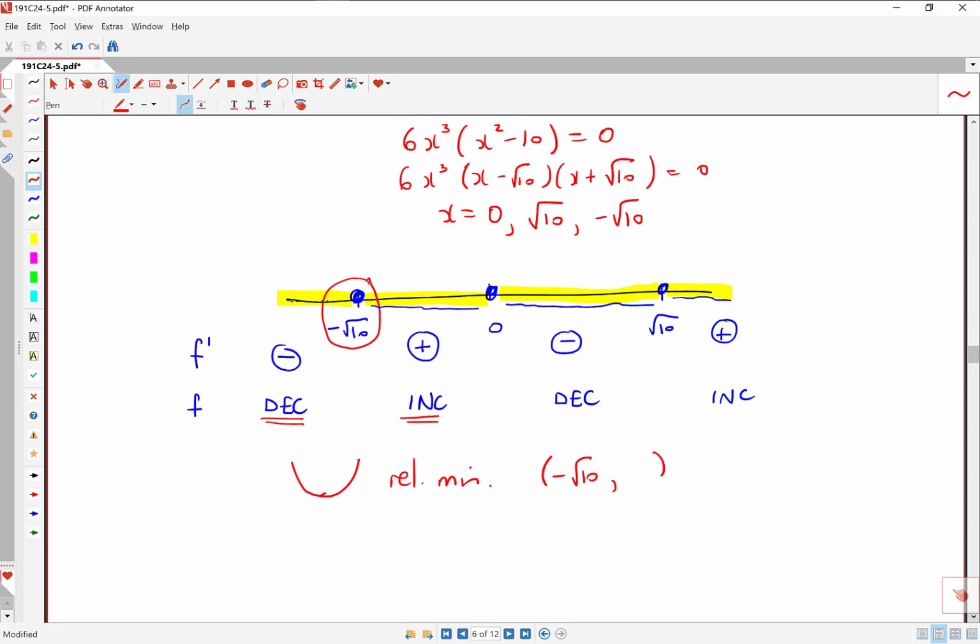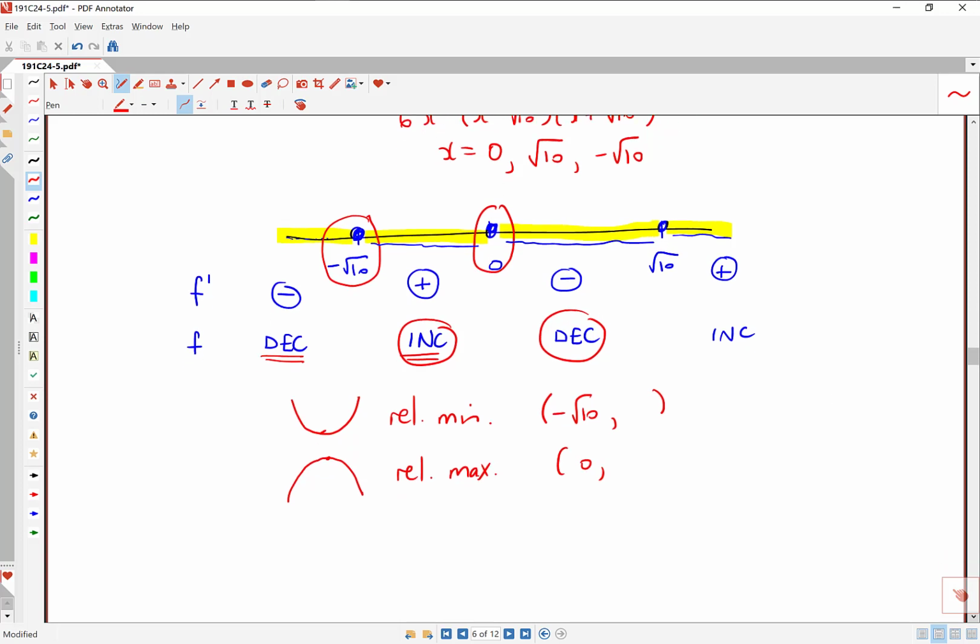Okay, let's look at our other points just while we're looking at this table. So at x equals 0, what kind of behavior do we have? Well, the function's going from increasing to decreasing. So that's this kind of behavior. Function is increasing and then decreasing. So we have a relative max when x equals 0.